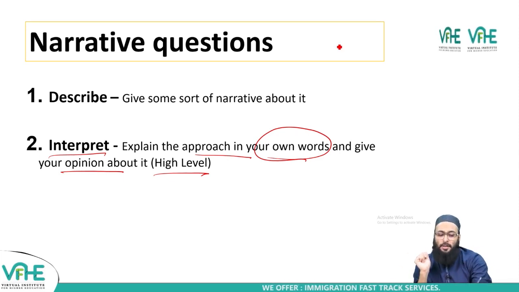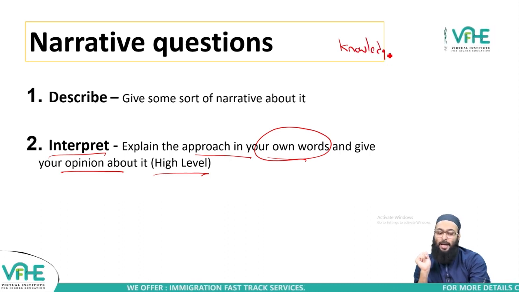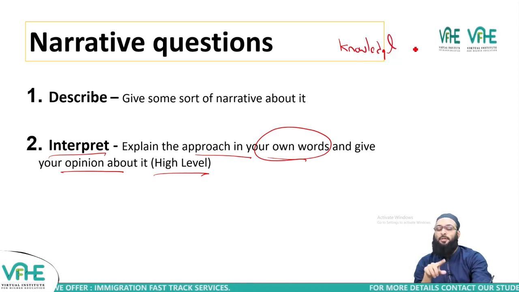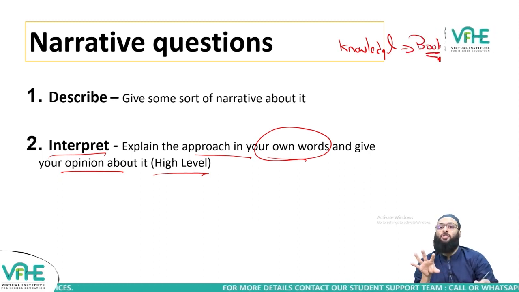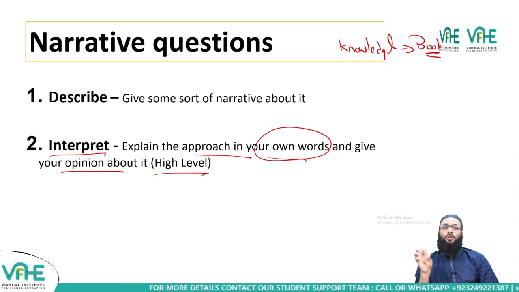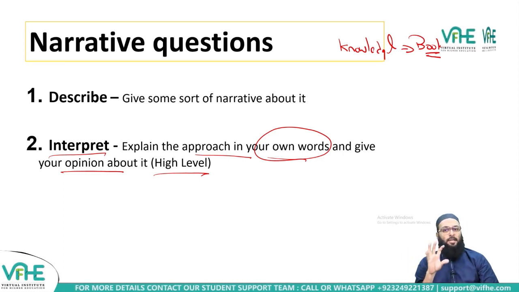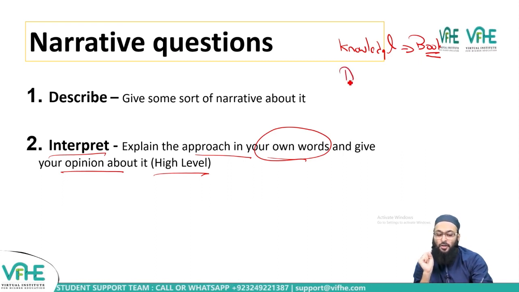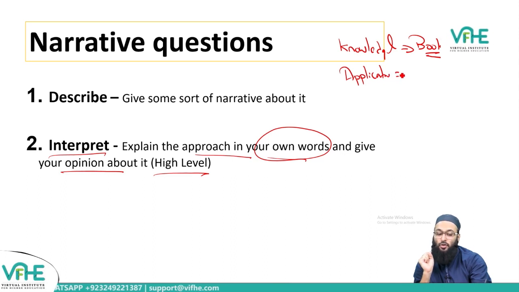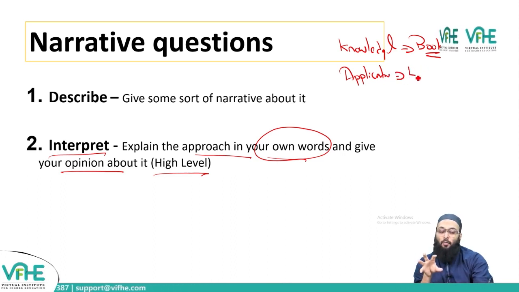I always say, students, that there are two types of questions that can come in the paper. One is knowledge-based questions, which require simple book information, notes information, core concept about that thing. But if a question is an application-based question, this requires you to link it with the case study, the scenario, the case.